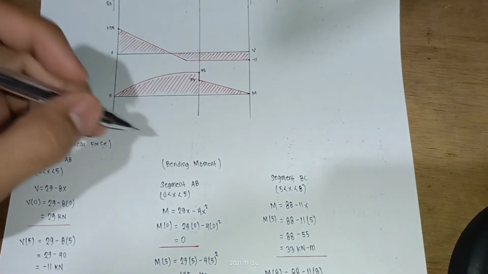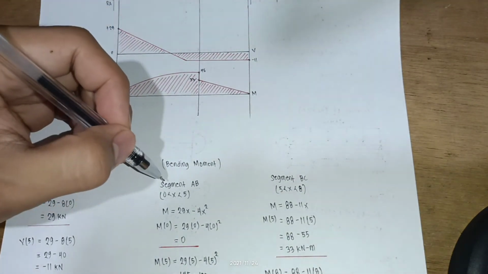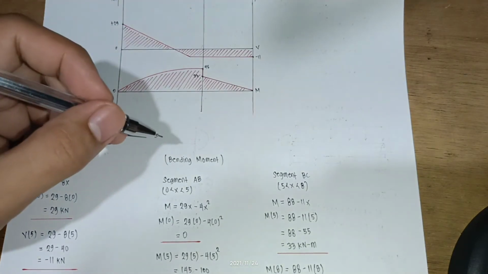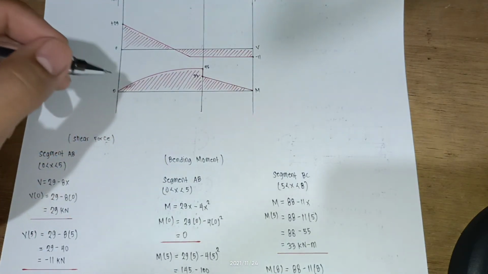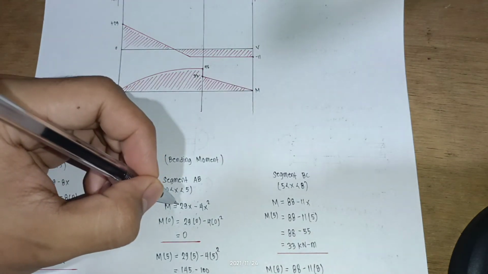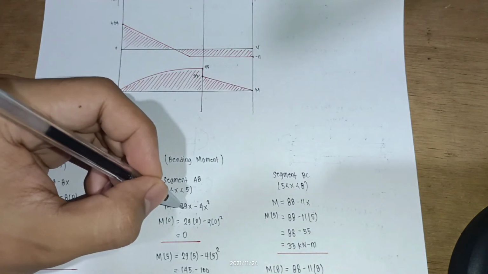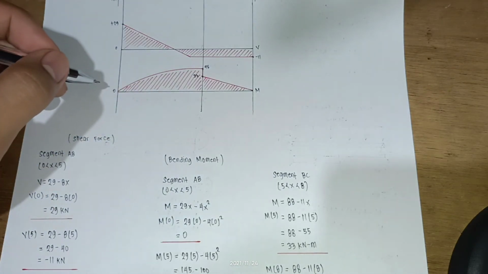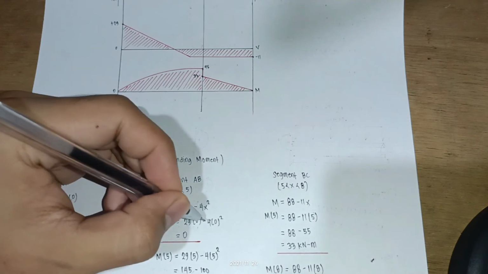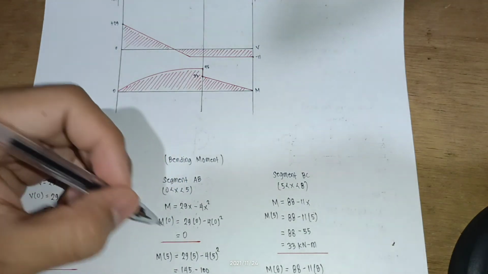Also for the bending moment at segment AB, where x is greater than 0 and less than 5, the bending moment M is equal to 29x minus 4x squared. Substituting x equal to 0, 29 times 0 minus 4 times 0 squared, that is also 0.